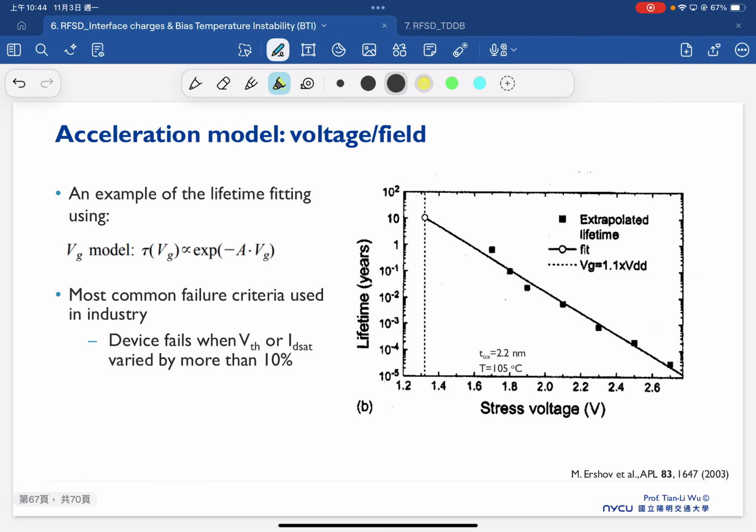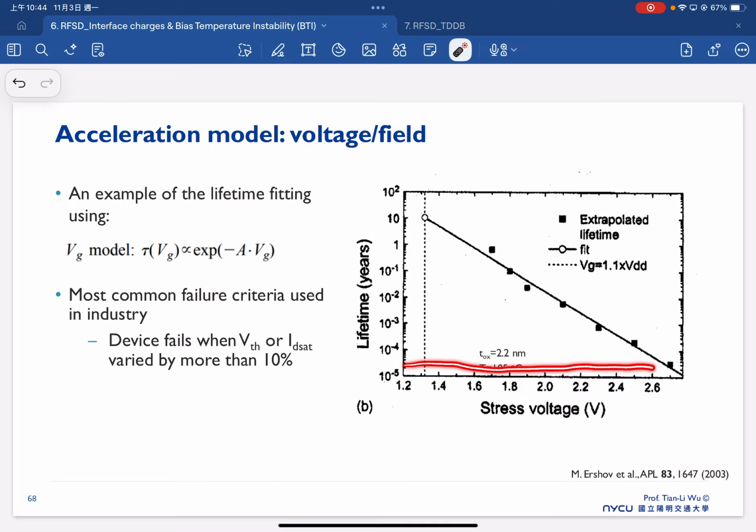And also we can try to use several different acceleration models to do the fitting here. So this slide just wants to show that we have this experimental result. We stress at this one, this is our lifetime. We stress here, this is our lifetime. But in the end, we can try to extrapolate to the value we are interested in for the 10 years.